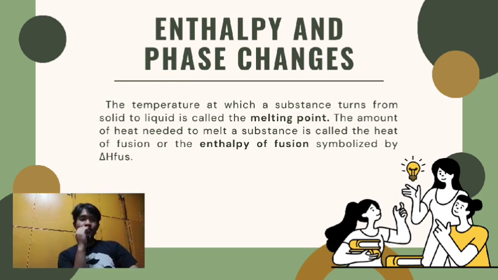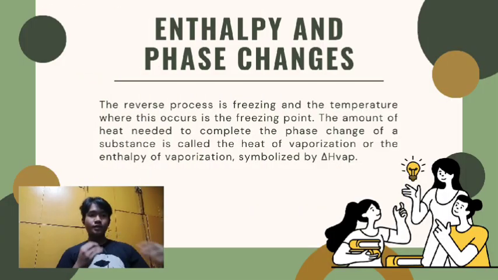The amount of heat needed to melt a substance is called the heat of fusion, or the enthalpy of fusion, symbolized by delta H fusion. The reverse process is freezing, and the temperature where this occurs is the freezing point.